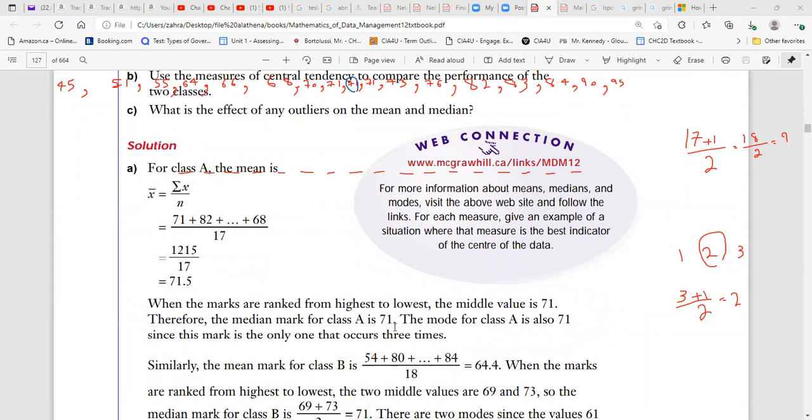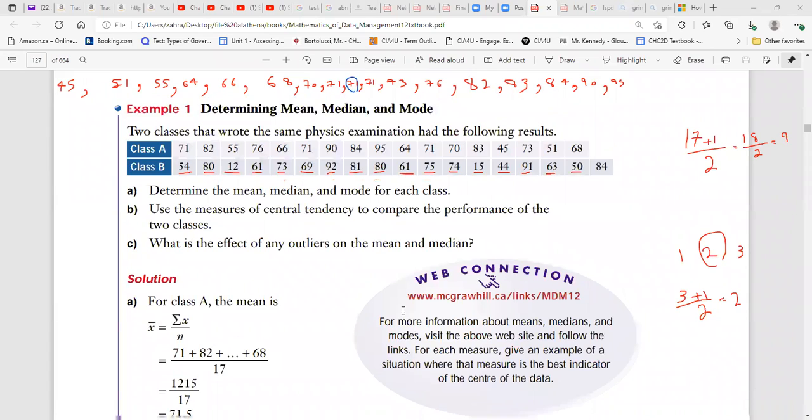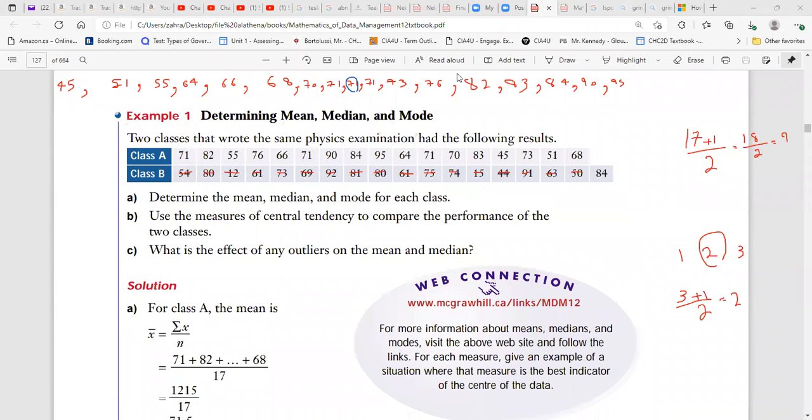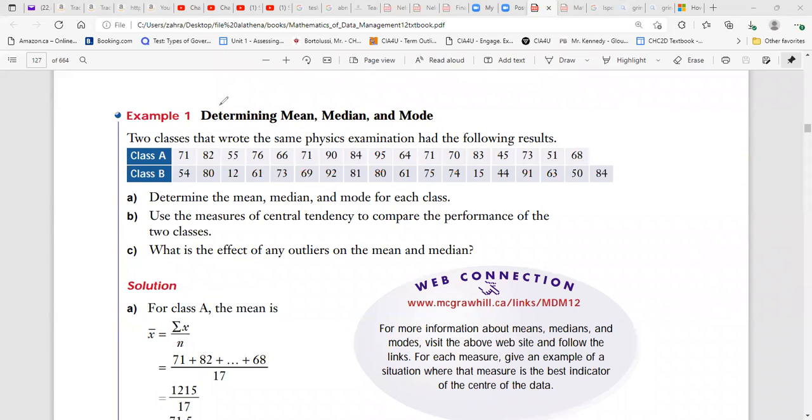So for class A, it is 71. So I'm gonna do the same thing for the second class. Let me just erase this. So from the lowest to highest, I'm gonna rank it. So just give me a minute to do this.